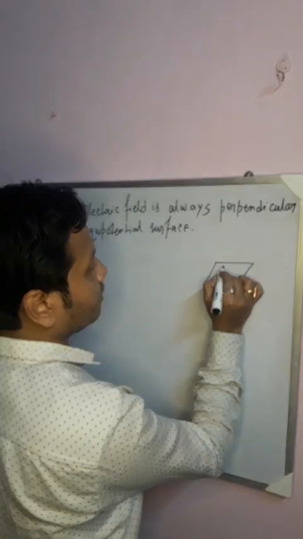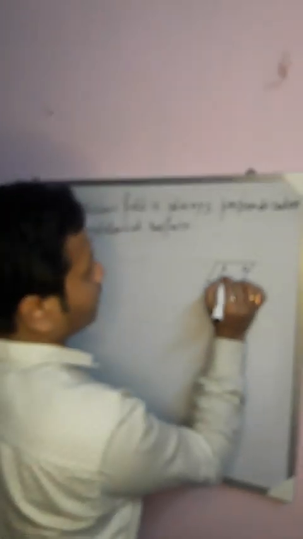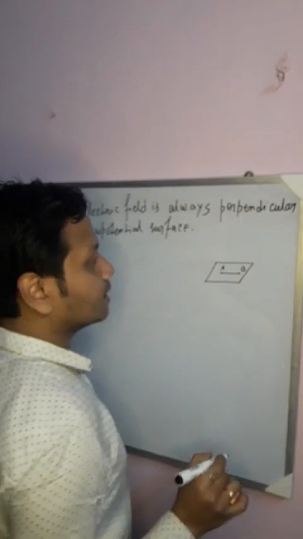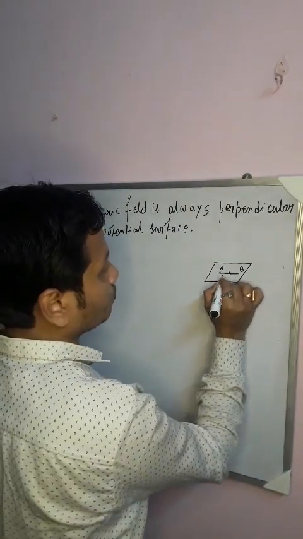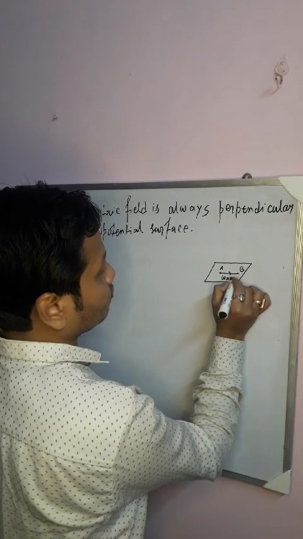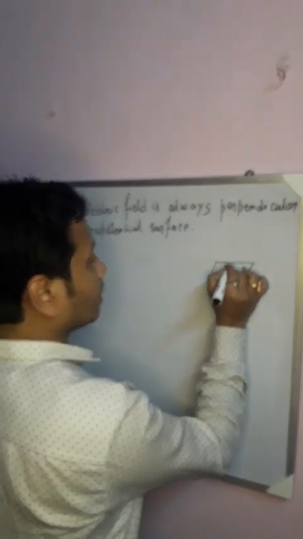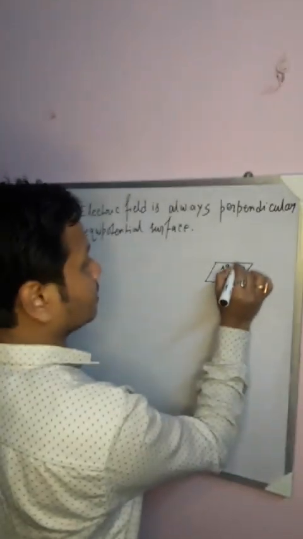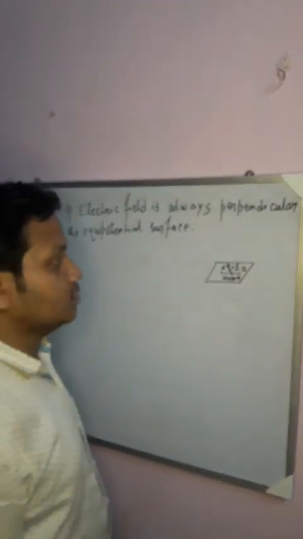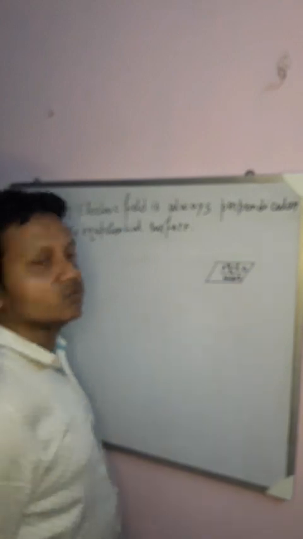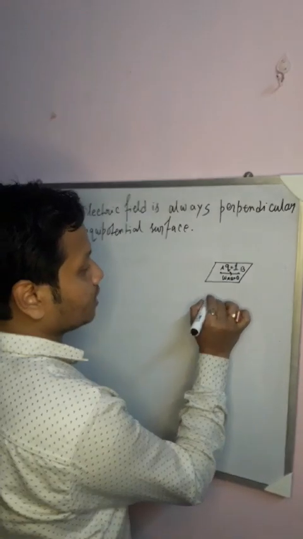Say this is point A and this is point B, and we have already seen that the work done in taking a charge from point A, say from this to this, is always 0. That we previously proved. Now here we consider a charge, but we take a unit charge. If we consider a unit charge, what will be the electrostatic force?